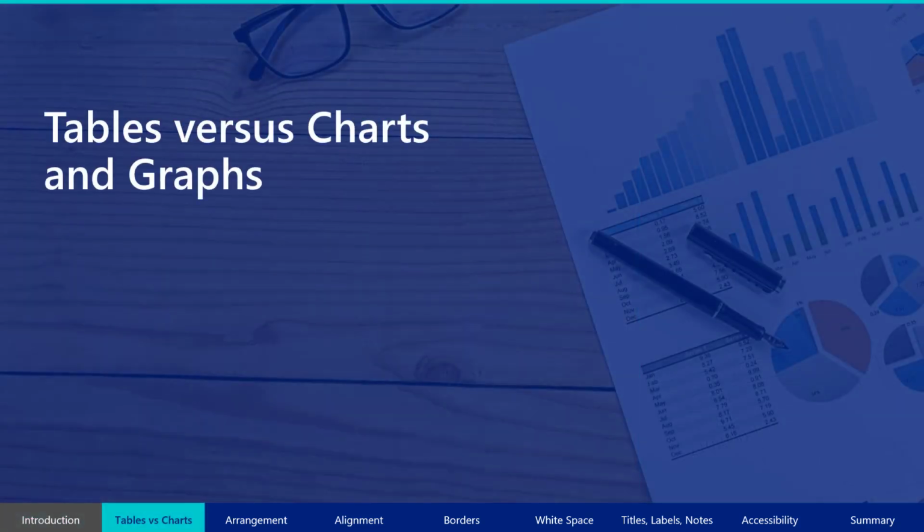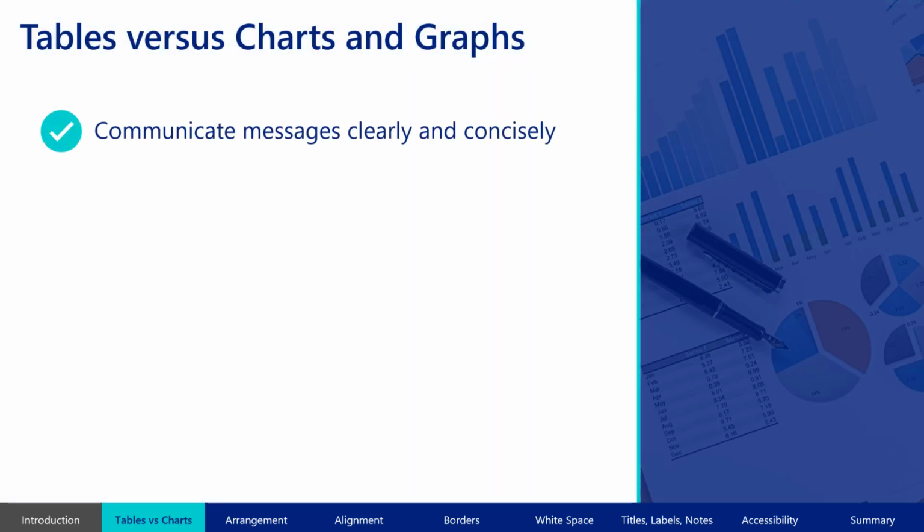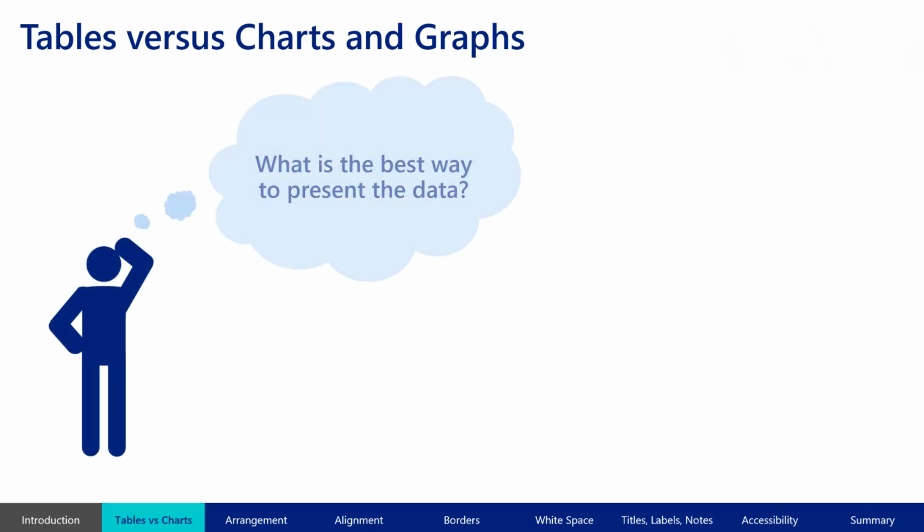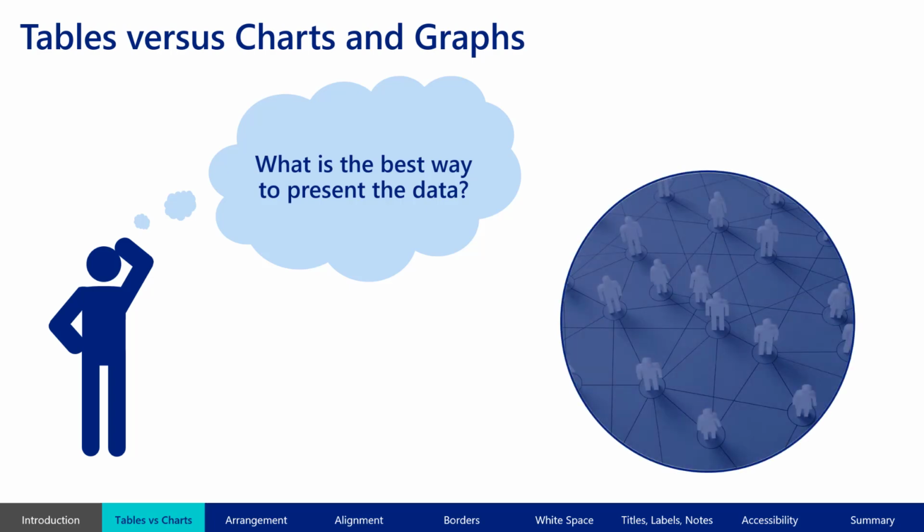Visualizing data with tables, charts, and graphs is an effective way to help get your main message across in a clear and concise manner. They can minimize the risk of confusion and provide information that leads to actionable decisions. But what is the best format to present your data? That depends on your audience and what type of information they need.